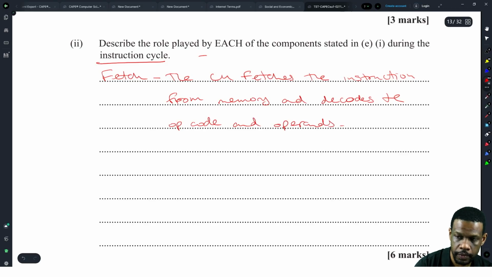Yeah. Then you want to say the fetch and decode. Execute now.